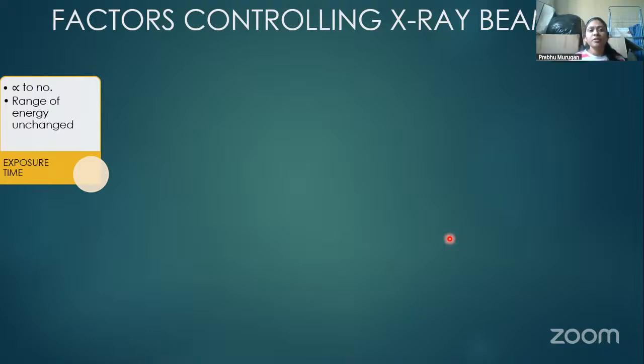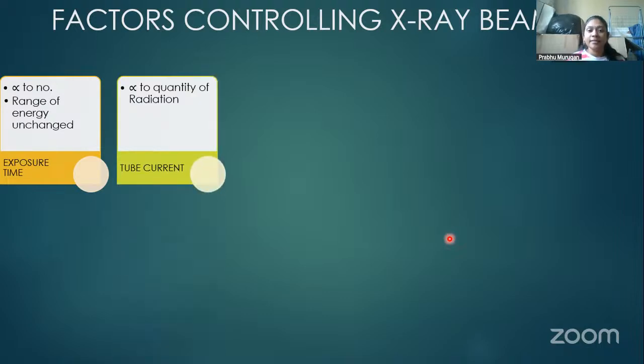Because of that, the patient is going to have a high radiation exposure. So exposure time is directly proportional to the number of electrons, just remember that. But the energy of the X-ray beam is still going to remain constant. That is not going to be changed at all. Only the number of electrons being produced is going to change here. This is your exposure time.